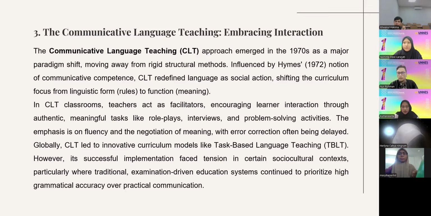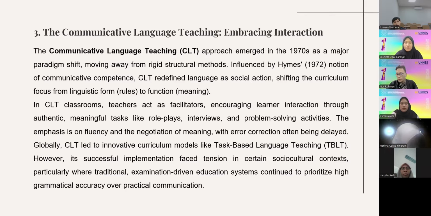And it has a theoretical basis in Hymes 1972 for the concept of communicative competence, and also learners as active participants in meaning making. So not only as passive learners, but also active participants or active learners, guided or facilitated by the teachers.